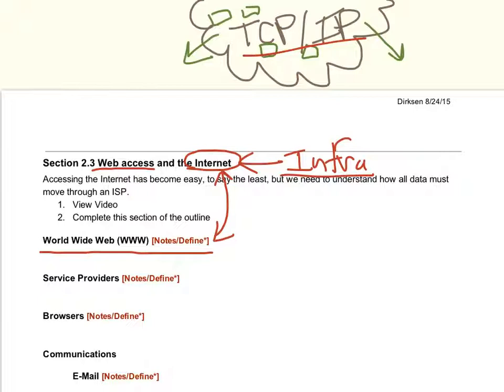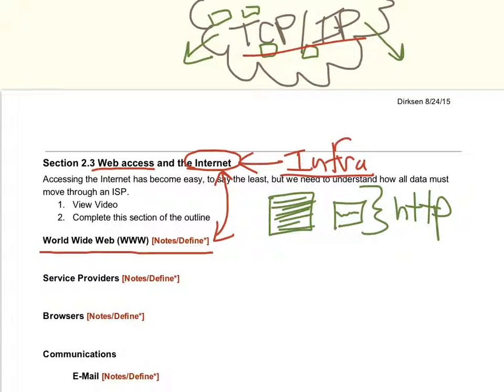World Wide Web is really this idea of creating these pages, and the pages contain text and references to images, and we're able to take those and use hypertext transfer protocol and send them from one location to another. Okay?